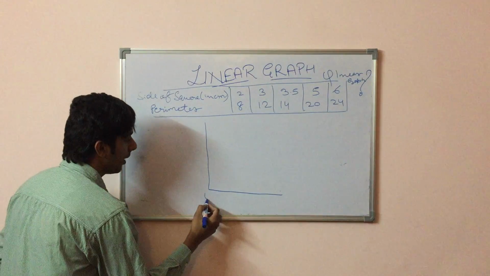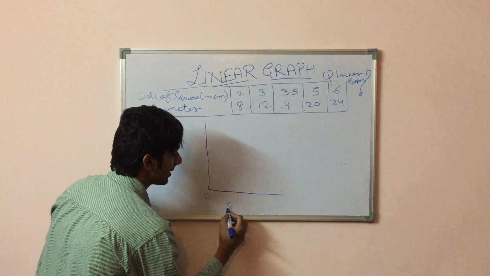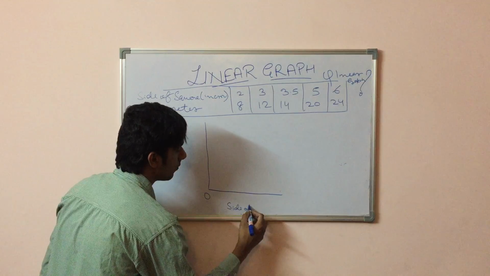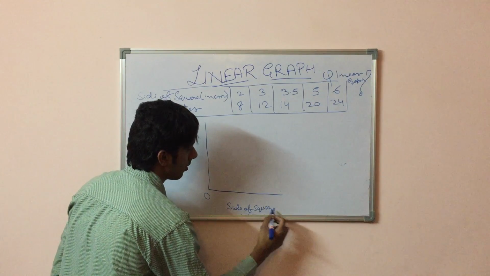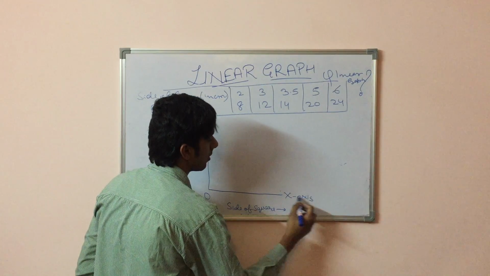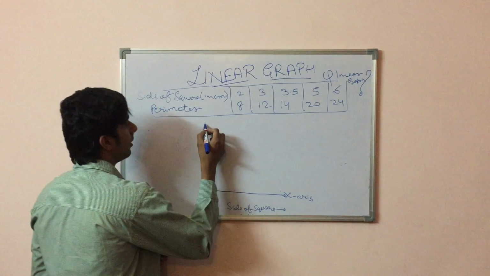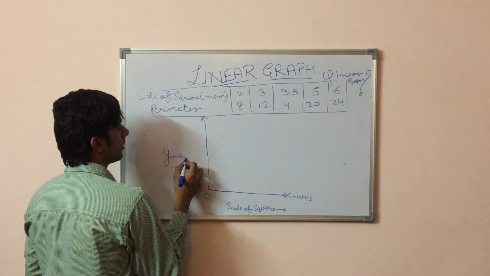Okay, this is the 0 point. Take the side of the square as 2 or 3, like over here I'm taking the side of the square. This is the x-axis. This is the y-axis.